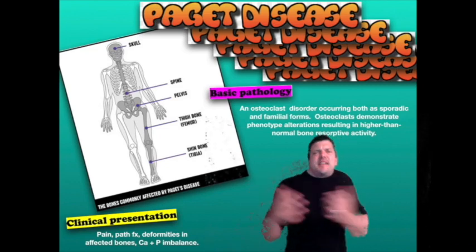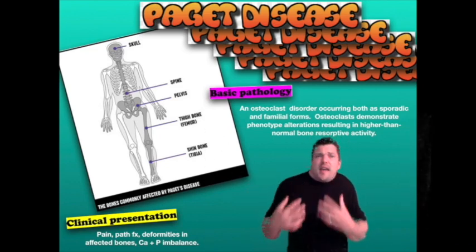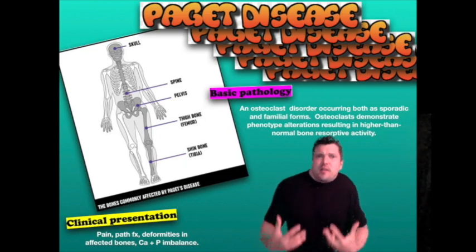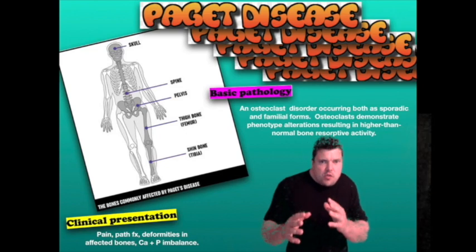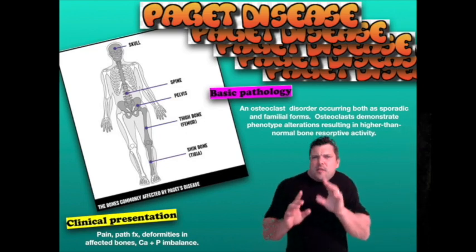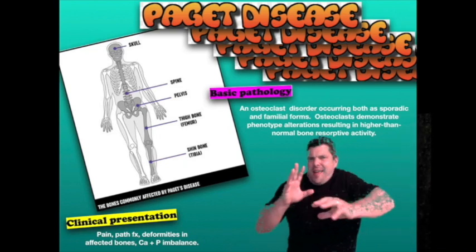Paget's disease is, I think, very interesting. We know it has a genetic component. We know that osteoclasts demonstrate this phenotypic change that increases their activity, yet we don't specifically know why it's in some areas of the body and not others.